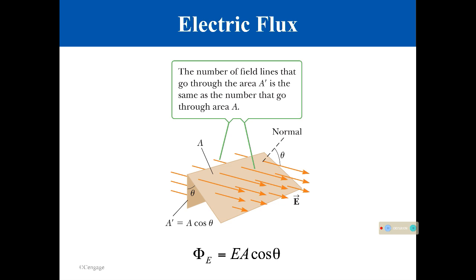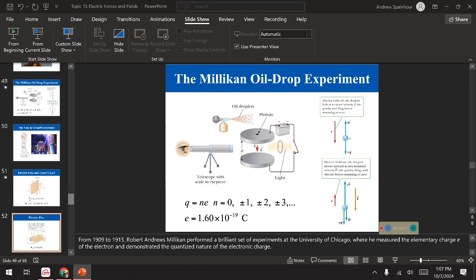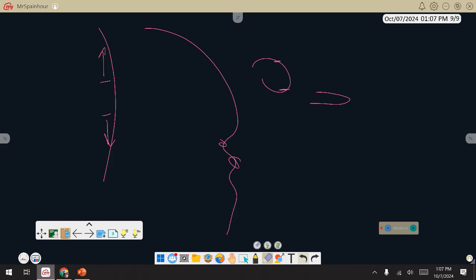So this angle right here is how far the lines are from the normal of the surface. Meaning, they don't draw an amazing picture here. So let's try this again. Electric field lines are going down.